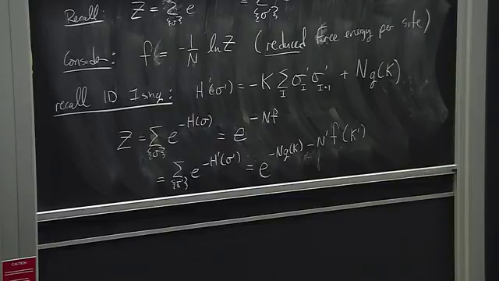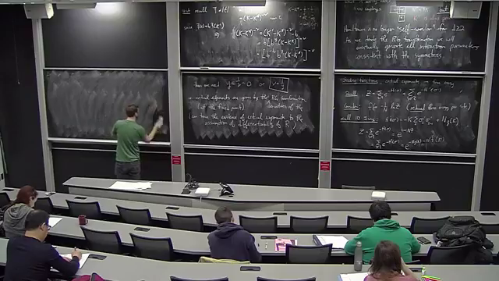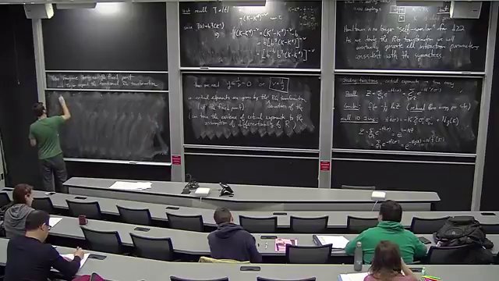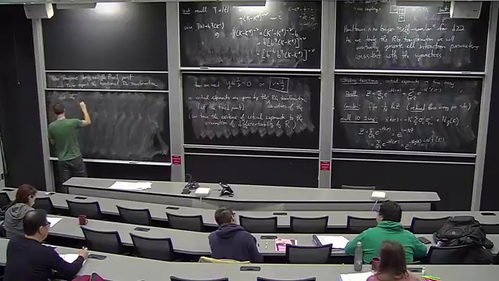And if we're caring about the non-analytical part of the free energy, or the singular part of the free energy, then we don't care generally about that G of K. But the number of blocks has been reduced.